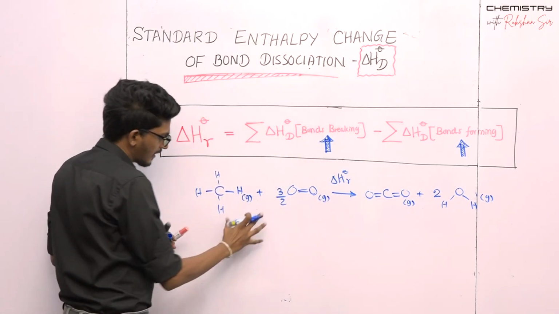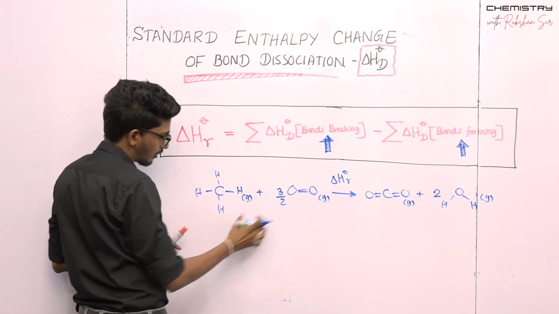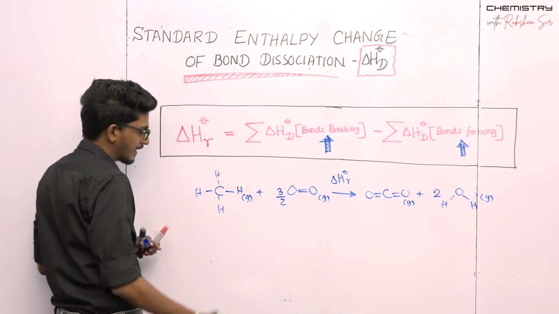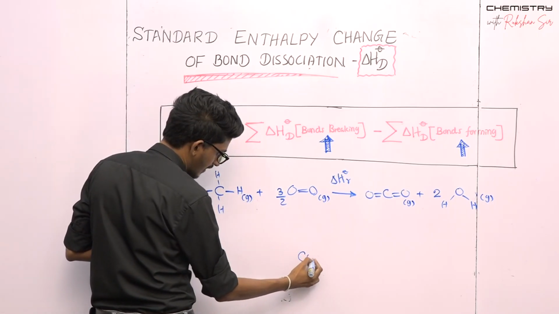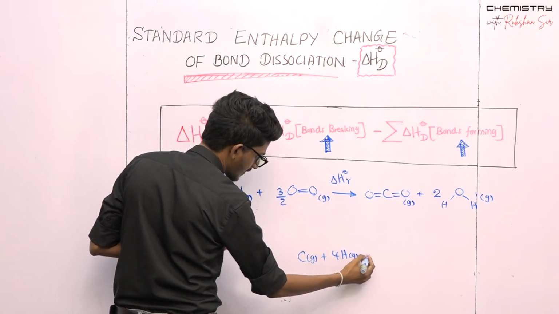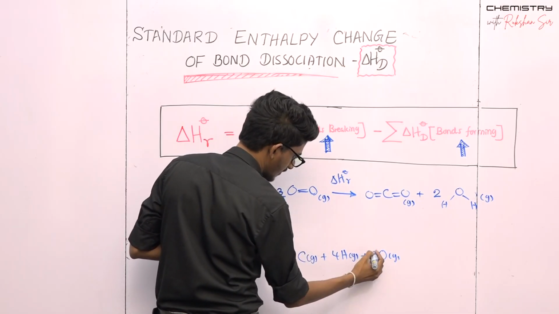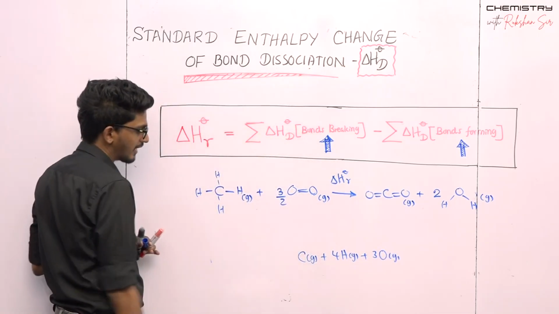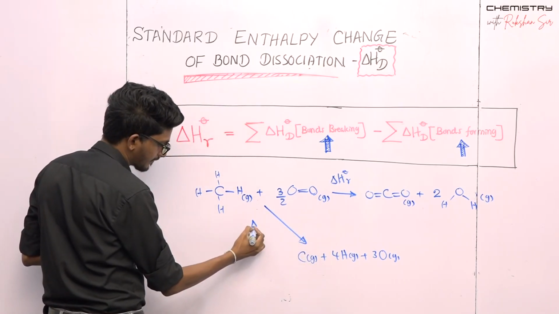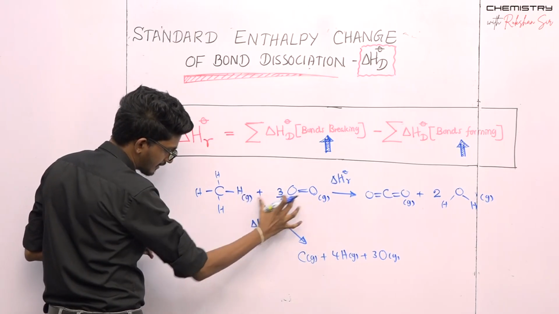We can assume first that all of these bonds will break to form individual atoms, that means 1 carbon gas and 4 hydrogen gas plus, sorry, 3 oxygen atoms. First, all of these will break by applying the delta H D values of these things.